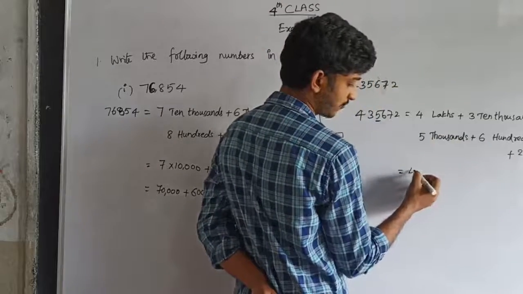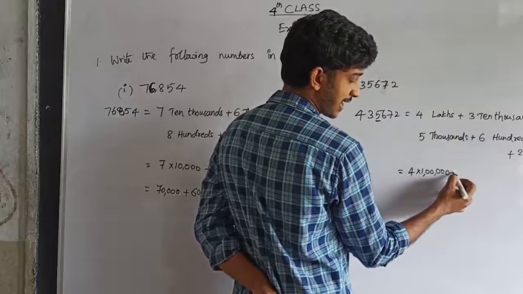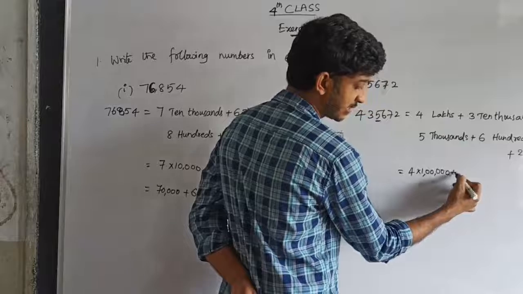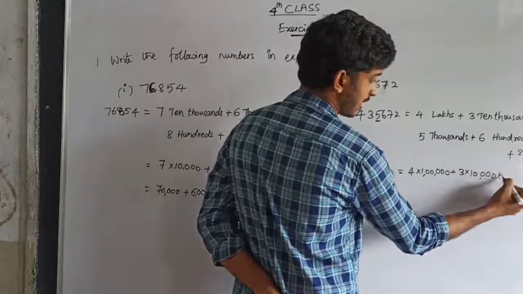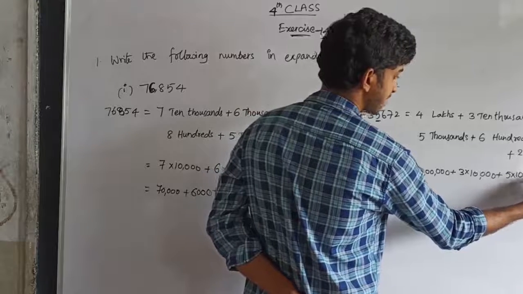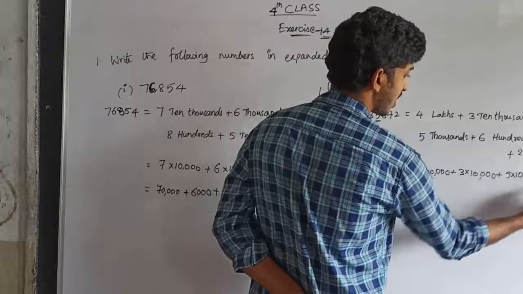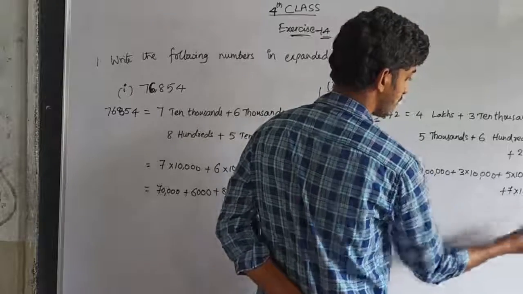So 4 lakhs means 4 into 1 lakh, and 3 10,000s means 3 into 10,000, and 5,000s means 5 into 1,000, and 600s means 6 into 100, plus 7 into 10, plus 2 into 1.